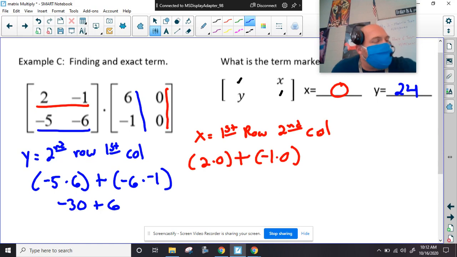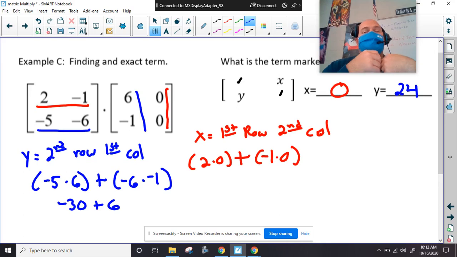Honestly, for matrix multiplication, I like problems like this better than anything, because it actually helps you break down what you're supposed to do. A, it's less work, and we all like less work, right?